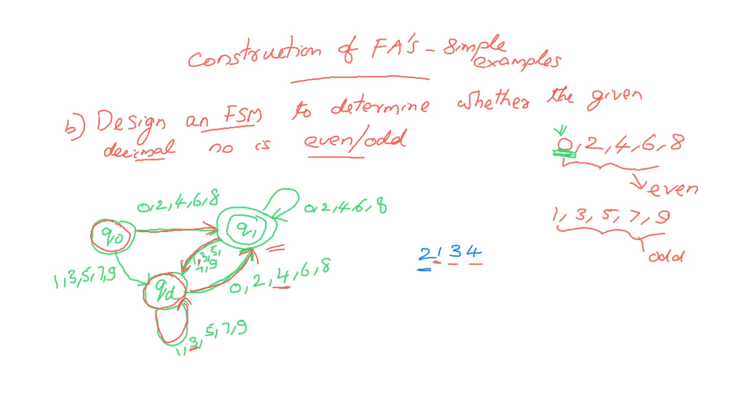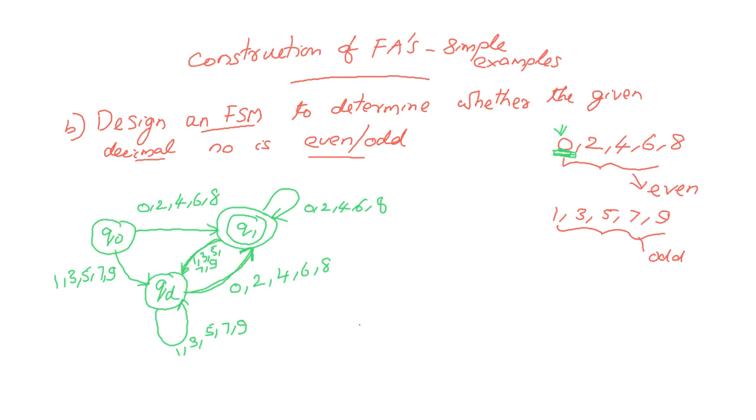So we can say that this string 2134 is accepted by our DFA. So the given DFA accepts all the even numbers and rejects the odd numbers. So that's what we are encountering here.